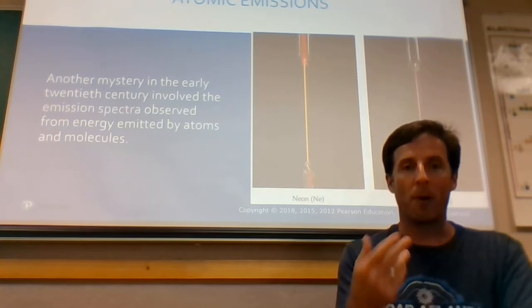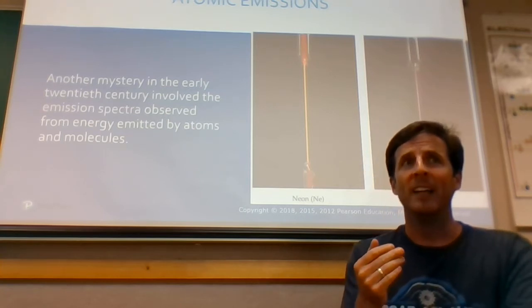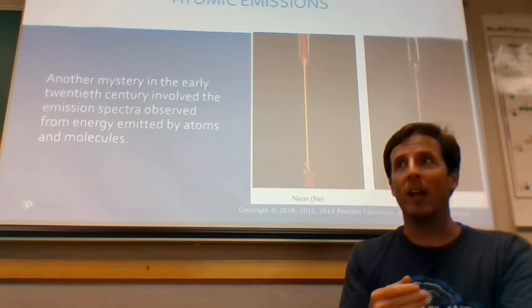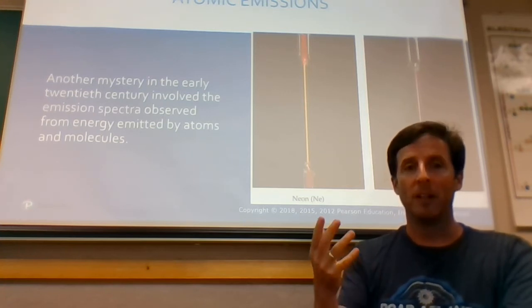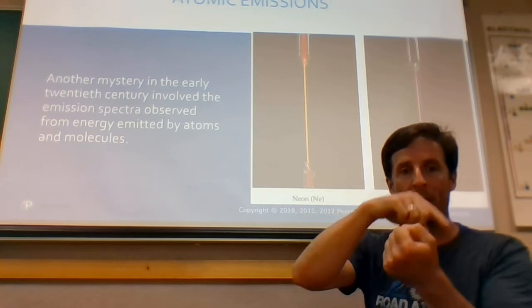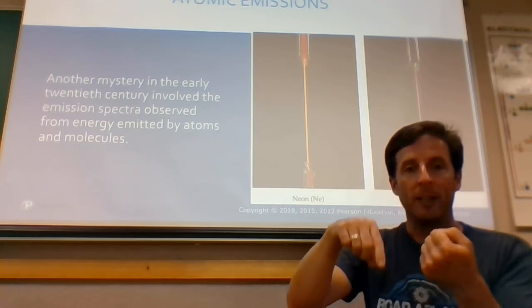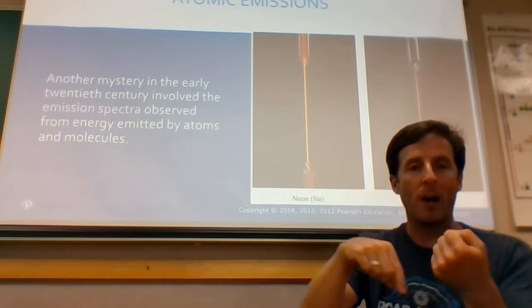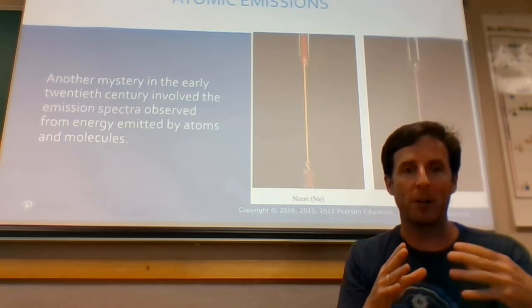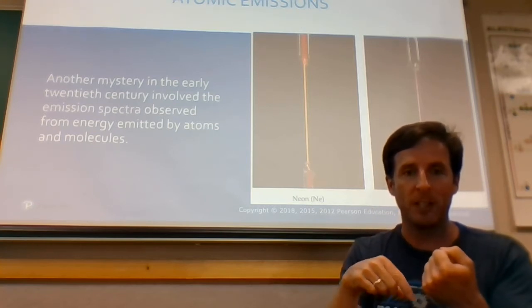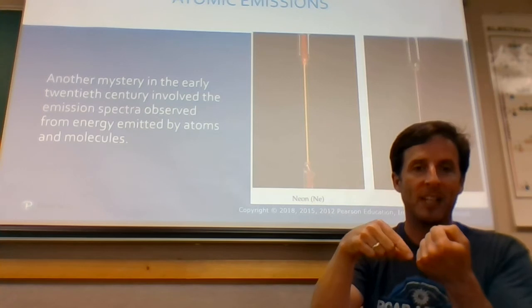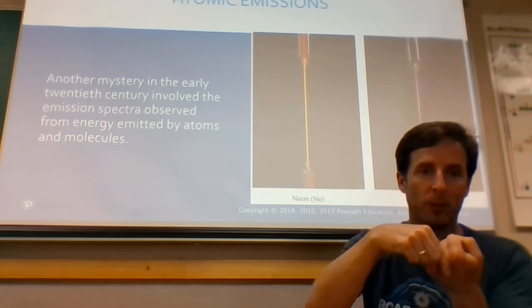The reason that's remarkable is that an electron that's orbiting around a nucleus, the orbit that it's in requires the electron to have a specific amount of energy. If it has too much energy, it'll fly away. If it doesn't have enough energy, it would crash into the nucleus.